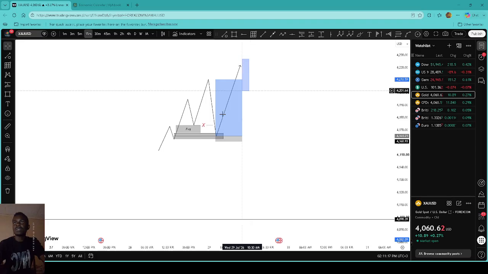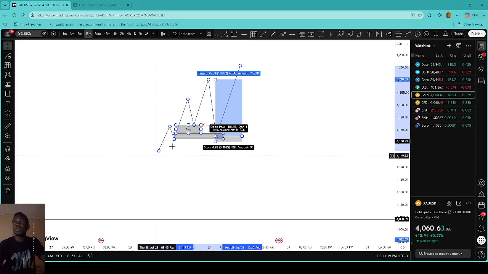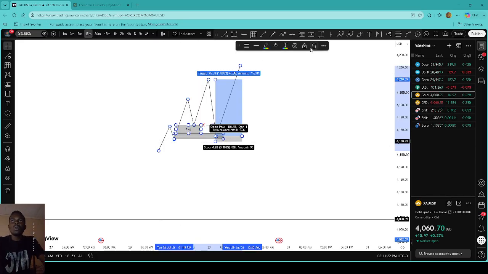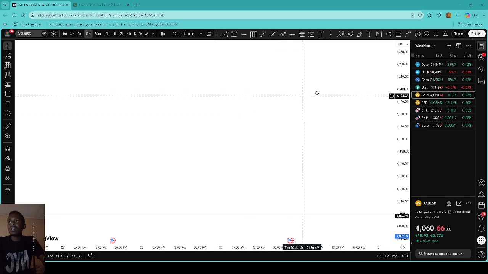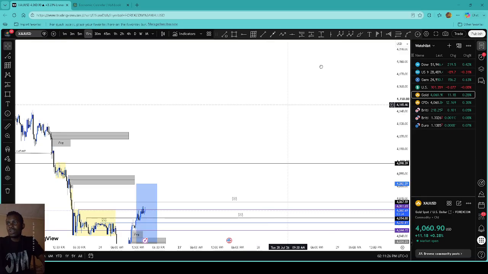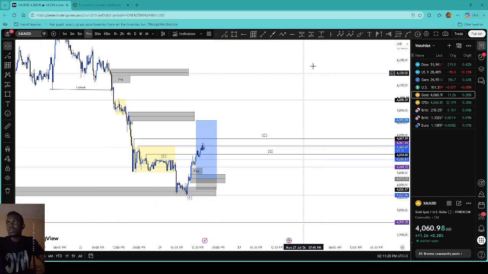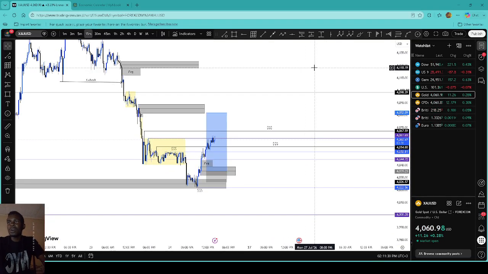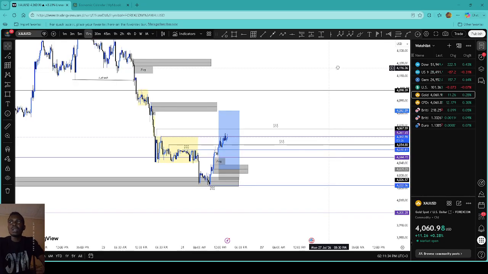We will explain more on order blocks and the fair value gap once we get to the fair value gap chapter, but today I wanted us to look at order blocks.